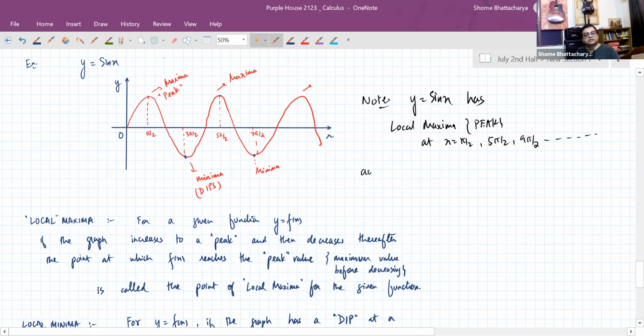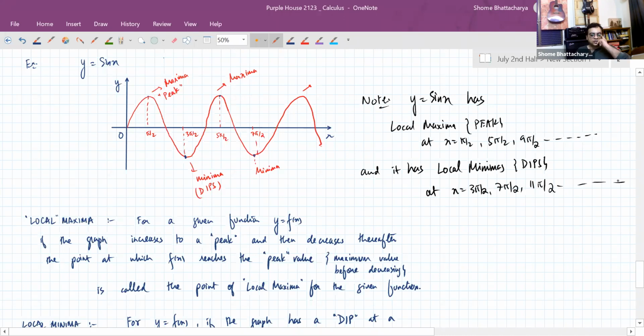And similarly, it has local minima or dips at x equal to 3 pi by 2, 7 pi by 2, 11 pi by 2, and so on and so on.